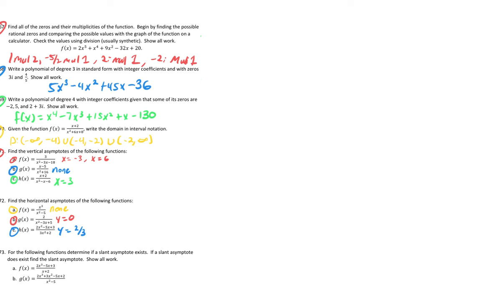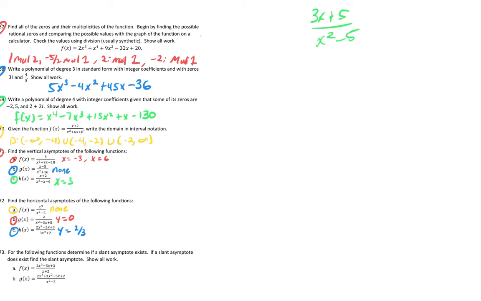73. For the following functions, determine if a slant asymptote exists. If a slant asymptote does exist, find the slant asymptote and show it'll work. So a slant asymptote is going to be a linear function in the remainder. So it would be something like 3x plus 5 over whatever we're dividing by, x squared minus 5.